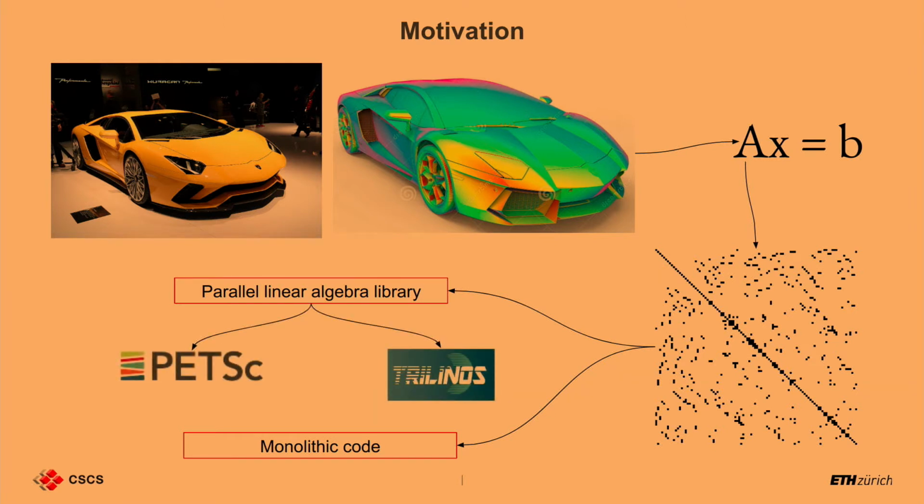In our community, PETSc is widely used, but PETSc has very good algorithms, also Trilinos, but unfortunately PETSc is not as mature as Trilinos in the support for GPUs. And as a PASC project, we started trying to let these communities start working on GPUs.